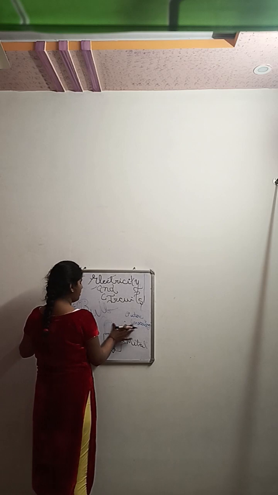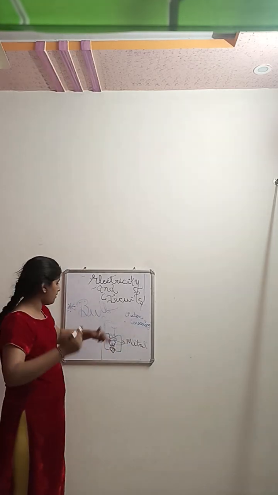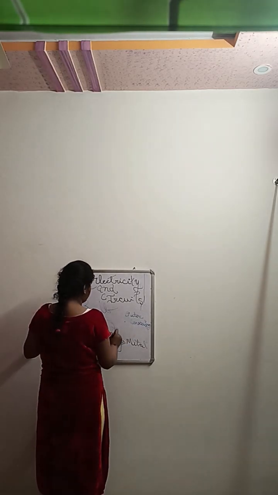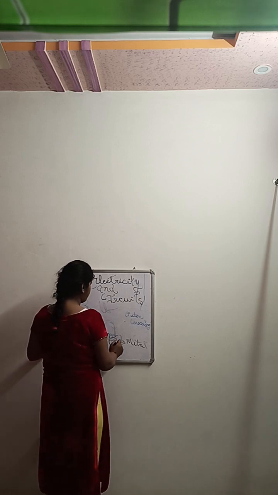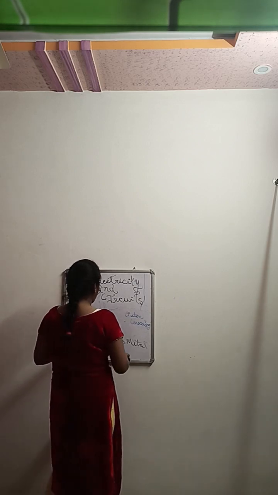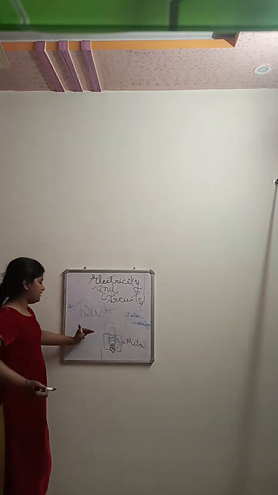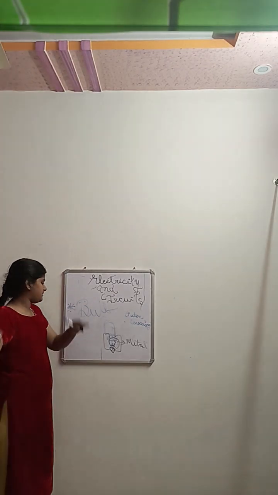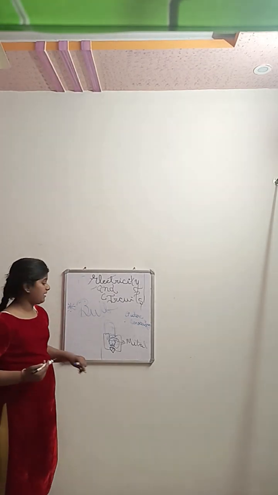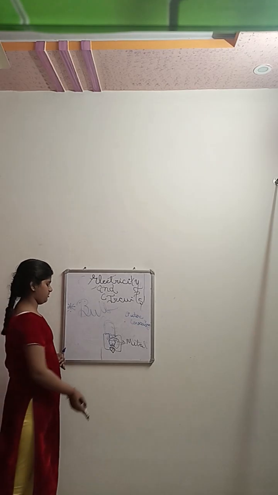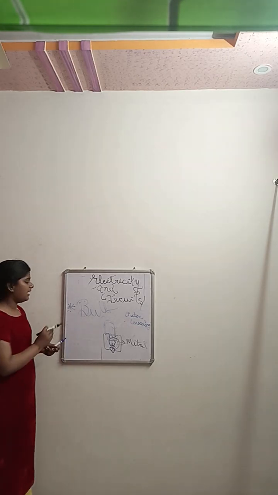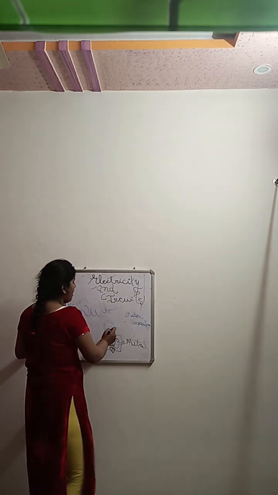Now how does the bulb glow? When the positive terminal reacts with the negative terminal, the chemical passes to the negative terminal, and the electricity passes through both of the terminals. The electricity glows.